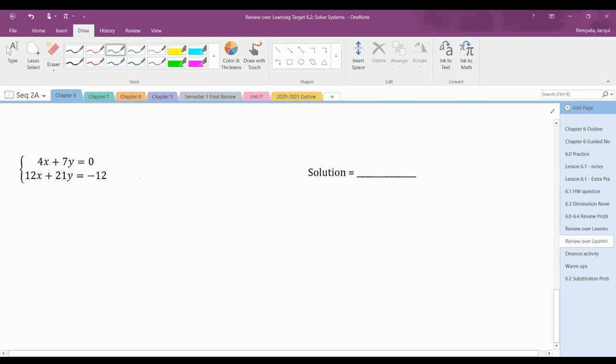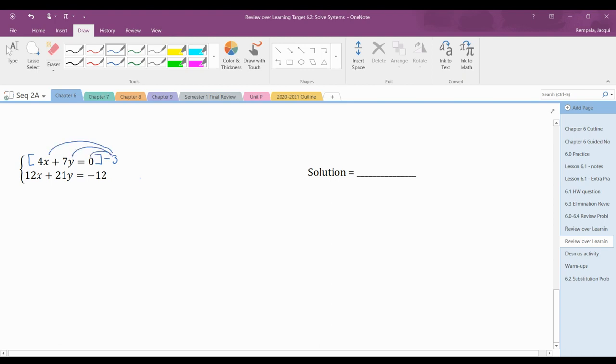And hopefully right now you're following along and saying, yes, 4 times 3 will get me 12. But now because the bottom number is a positive 12, we want the top number to be a negative 12 because I want the same number but opposite signs. So I am going to take this entire top equation and I'm going to multiply by negative 3 because 4 times negative 3 will get me that negative 12.